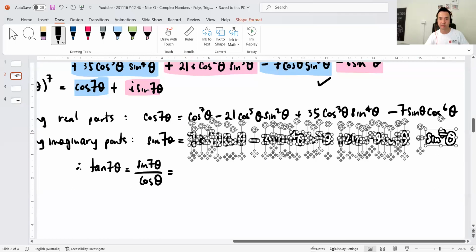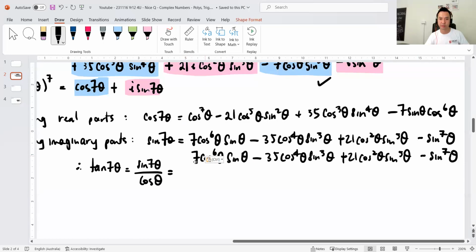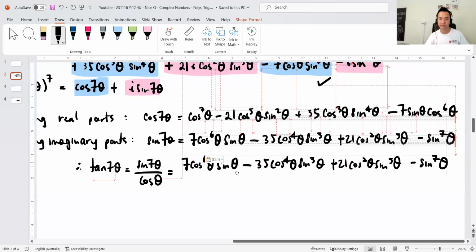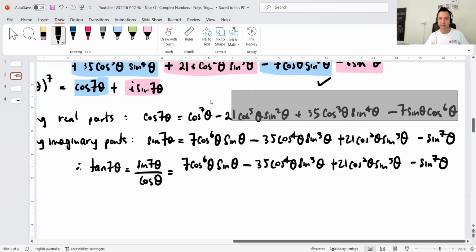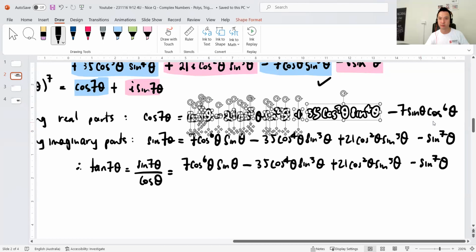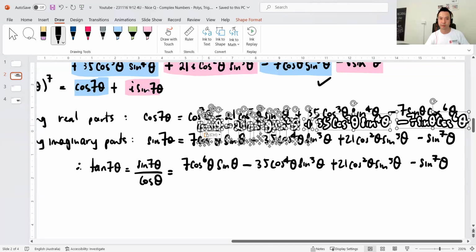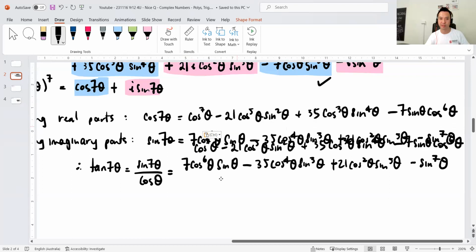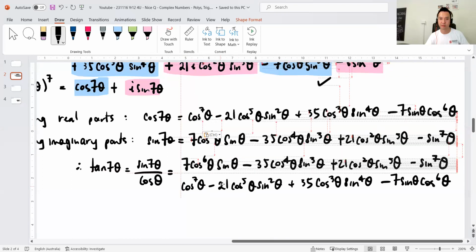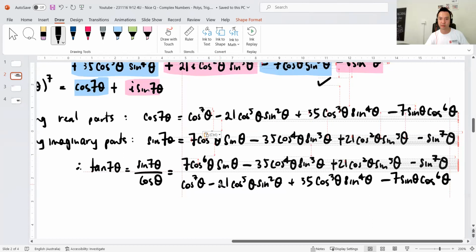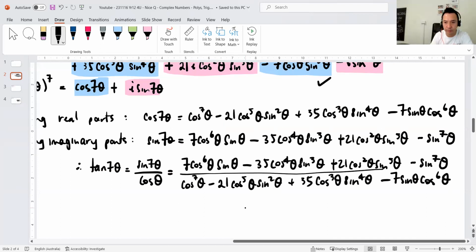Take that guy, that's my numerator. Take this guy, that's my denominator. Put a big line between them.